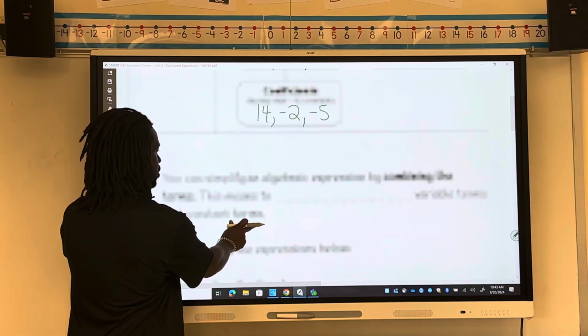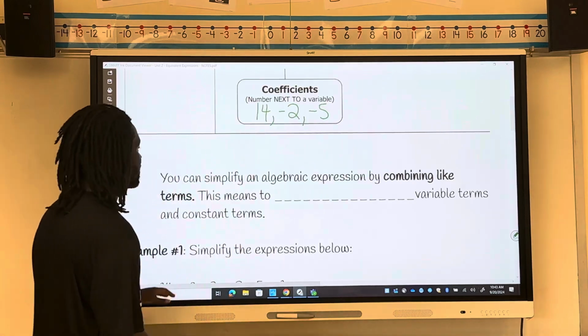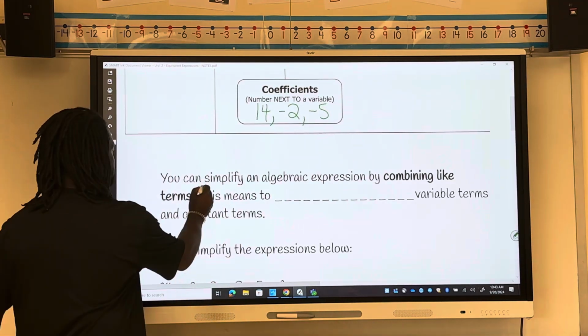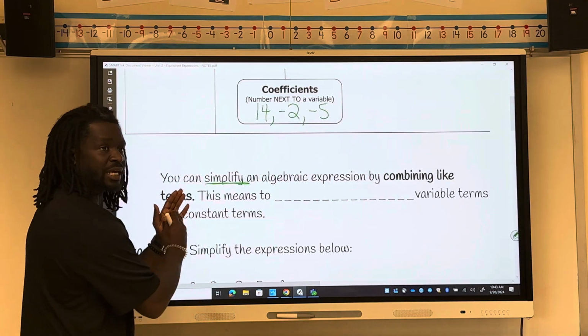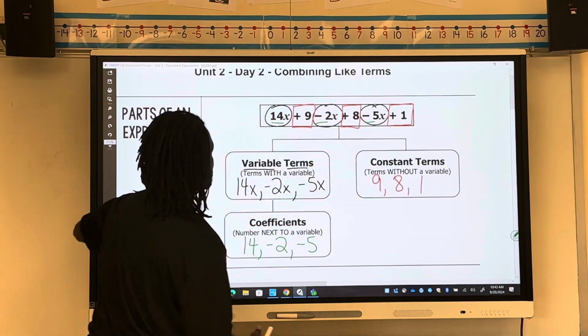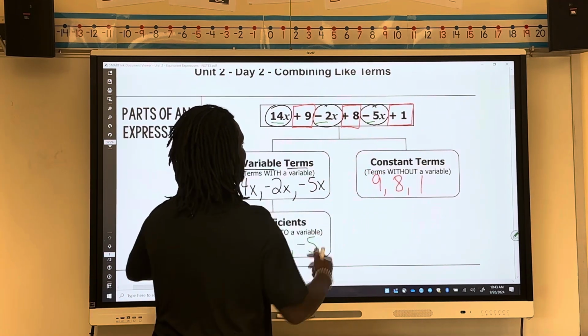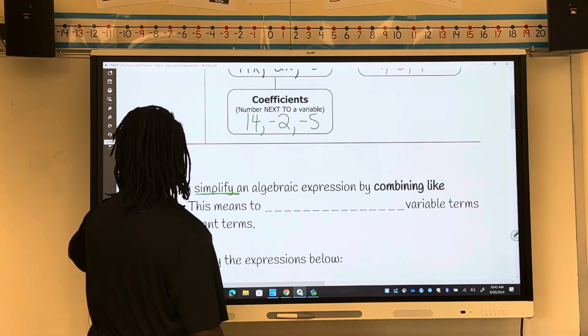Today we are combining like terms, and the purpose of combining like terms is to simplify. Instead of having this really long expression, combining like terms is going to simplify it and make it smaller.